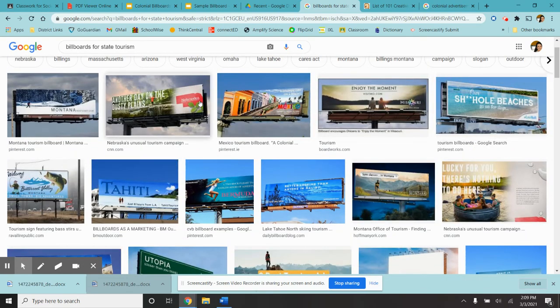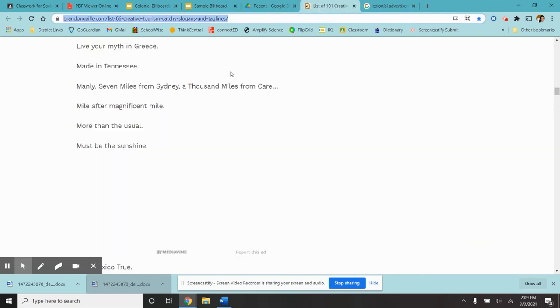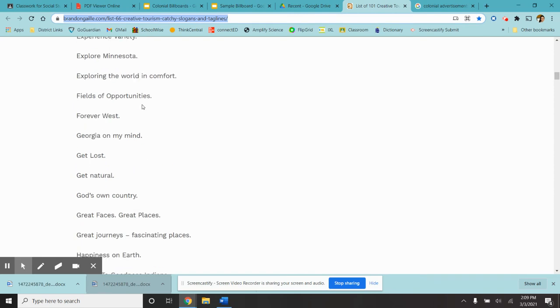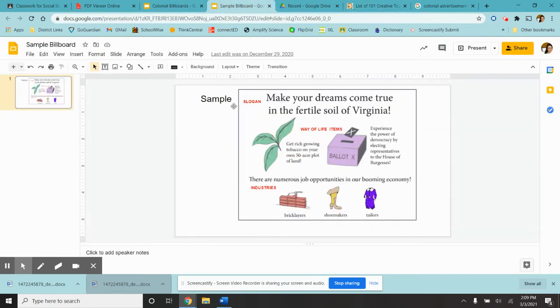Another day on the dusty plains, Nebraska. Nebraska isn't a colony, but another day on the fertile plains of South Carolina. That is an example of how to come up with a slogan. It always seems to be the more difficult part for the colony. And then next, you're going to come up with your way of life and your industries.